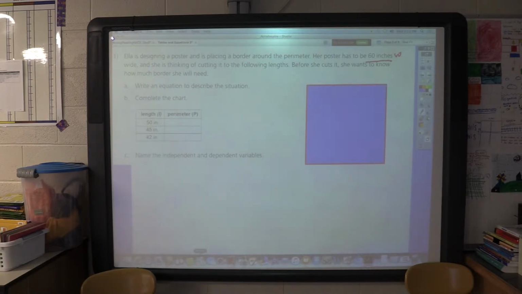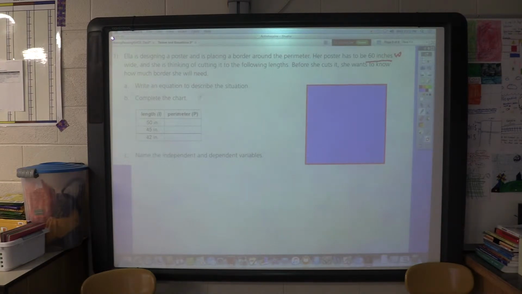That tells me it's going to be a rectangle. For it to be a square, I'm looking around my room to make sure I've got all my students actively listening, I would have the same length all the way around. But if it's not the same length all the way around, it's going to be a rectangle.